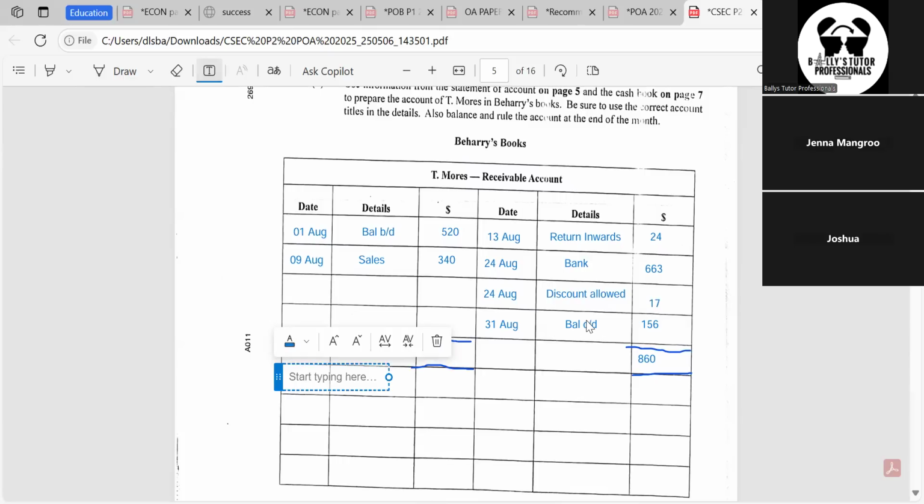So my balance carry down was on the credit side. I'll come to the debit side now. 1st of September, details, balance brought down. It'll be the same amount as the carry down, 156.